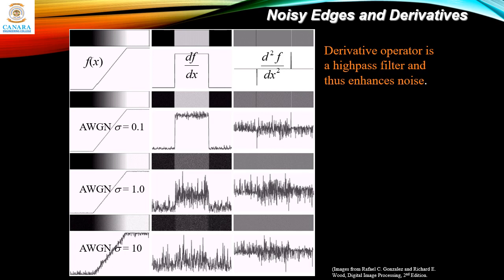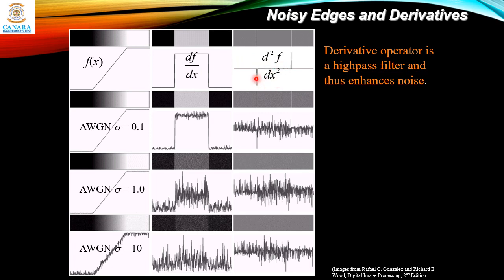Here is the edge profile, function f of x, and there is a transition from a darker pixel value to a brighter pixel value. A slow transition. Now the first derivative gives a response like this if it is an ideal ramp edge. There is no noise added here, and this is the response of the second derivative.